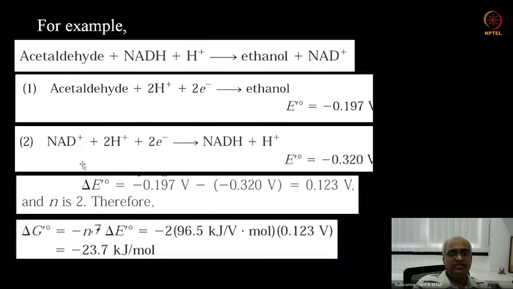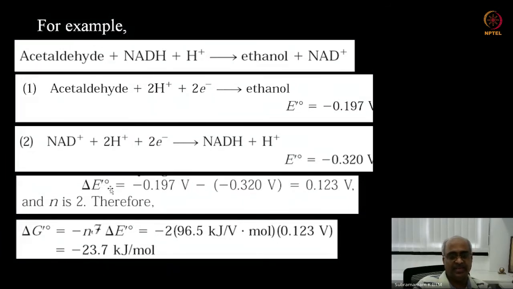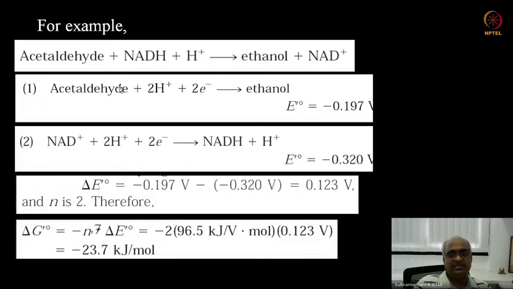And the same thing for NAD is this. Now we take the delta. We take the one that has the high affinity for electrons, the acceptor, and that is acetaldehyde here. From that we subtract this.